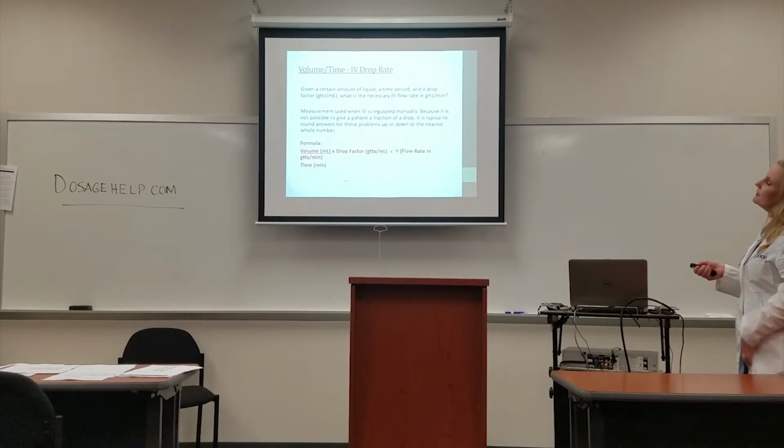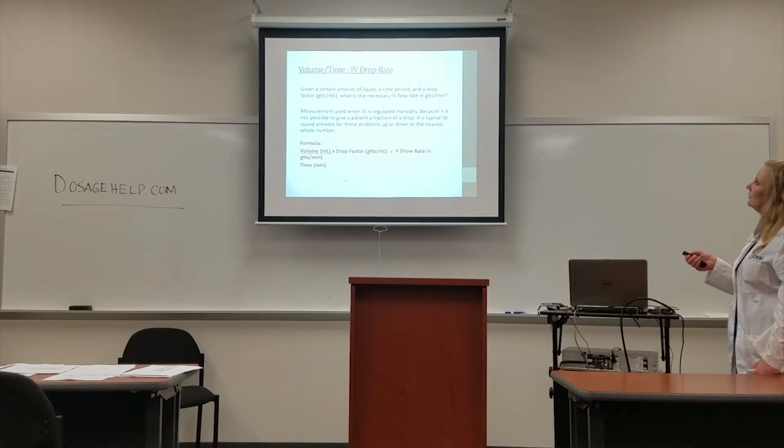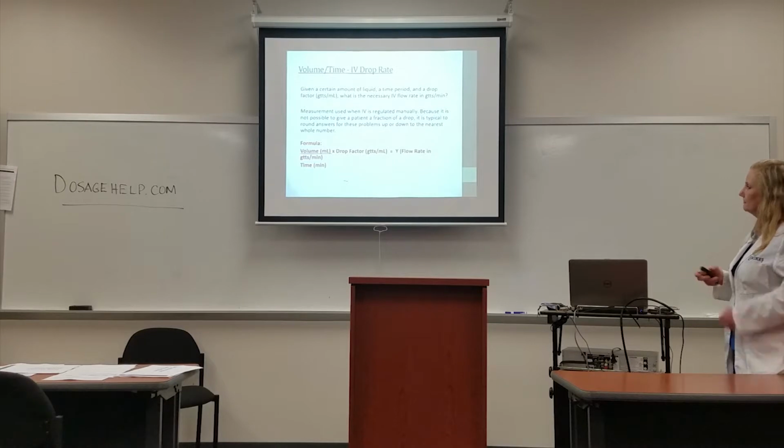So this formula is I'm taking my volume times the mL divided by my GTT per minute times my drop factor. For the sake of this, because my slide was too small or my typing was too large, it's flow rate and time, okay? Flow rate and time, see? What is the necessary flow rate in GTTs per minute?